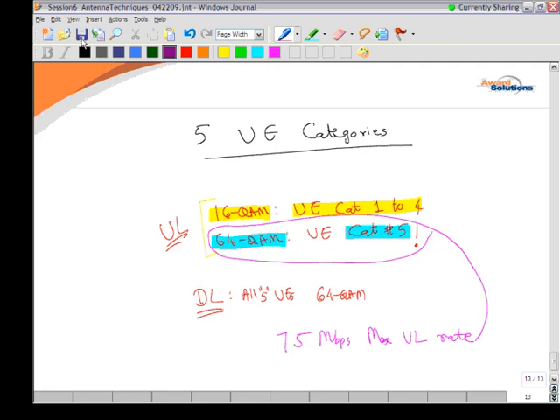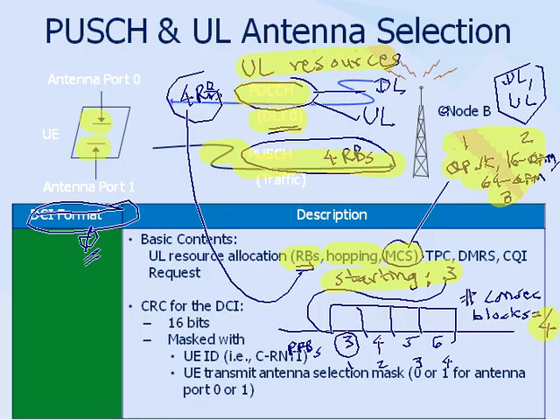So if you just have category, let's say 4, then you cannot get 75 megabits per second. Only a category 5 UE will give you 75 megabits per second maximum data rate, but of course that is in a 20 megahertz sector. If you only have 10 megahertz, you can divide that by 2. Okay, so let's go back to our resource allocation.